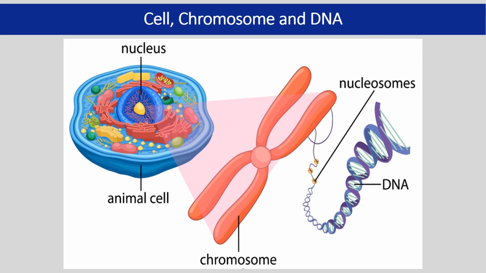The DNA, which is a double helical structure, is wrapped around histone proteins to form nucleosome complexes, and they are tightly packed inside the chromosome. A stretch of DNA which can code for a protein is called a gene.